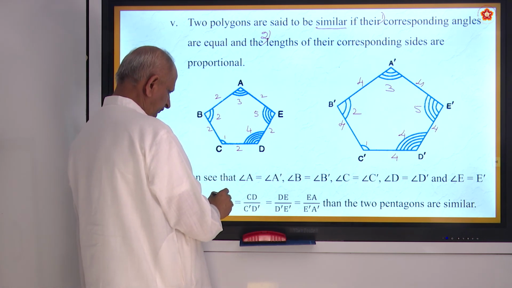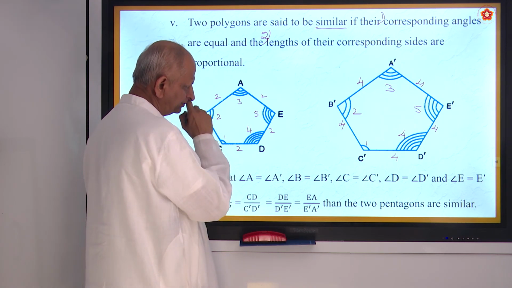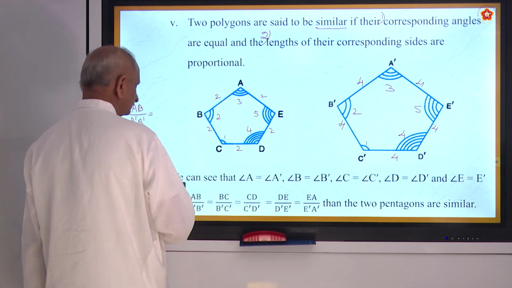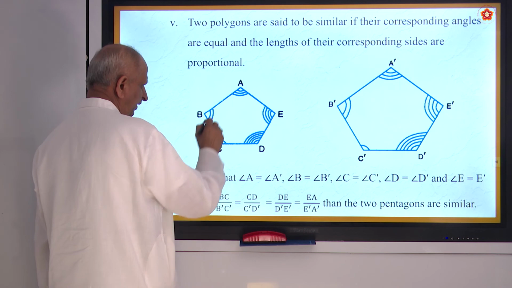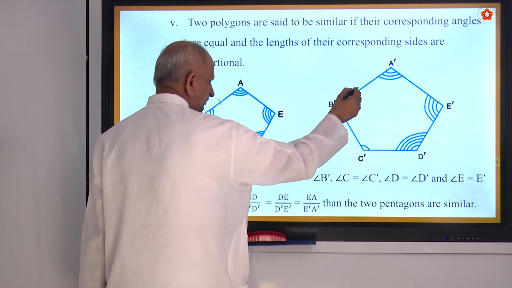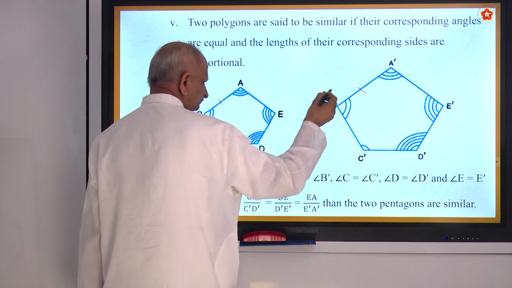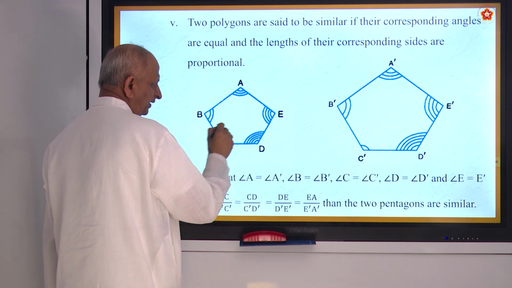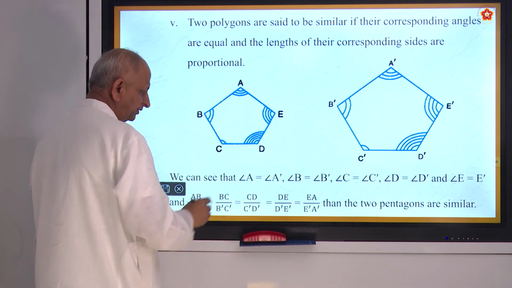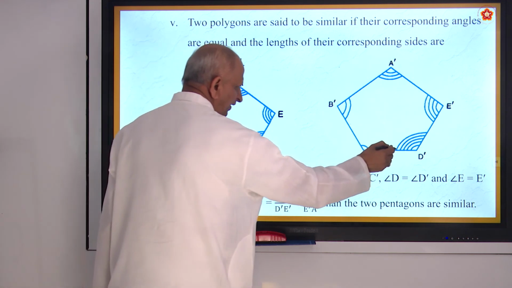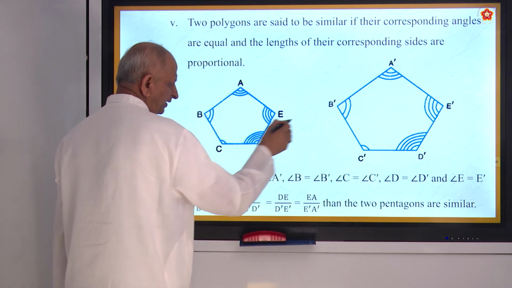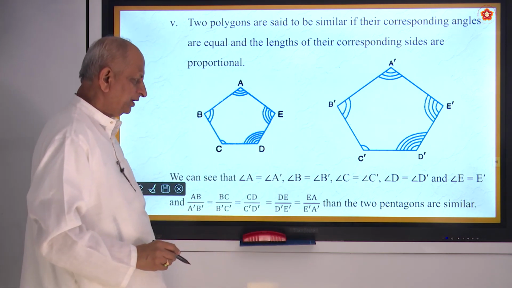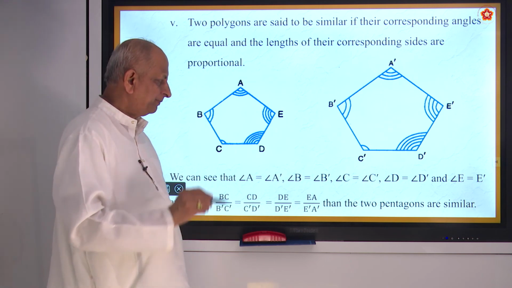So AB by A dash B dash, BC by B dash C dash, and then CD by C dash D dash, DE by D dash E dash, AE by A dash E dash, corresponding sides are proportional.